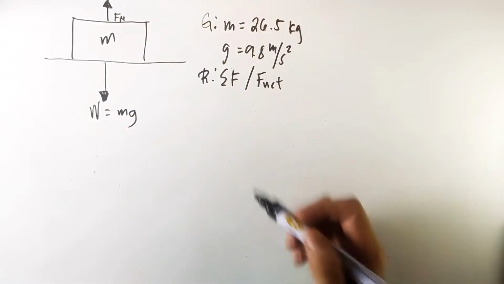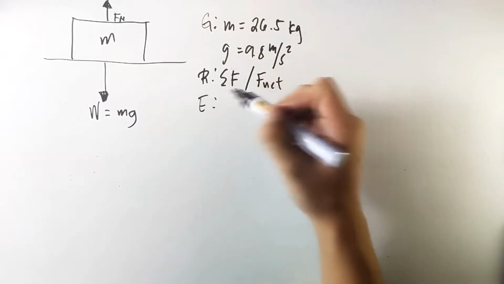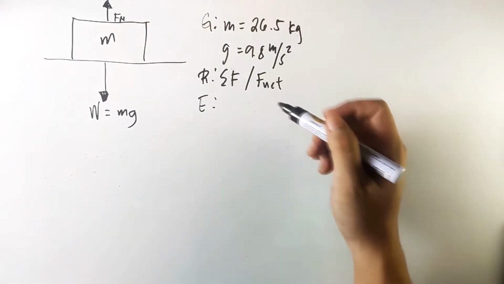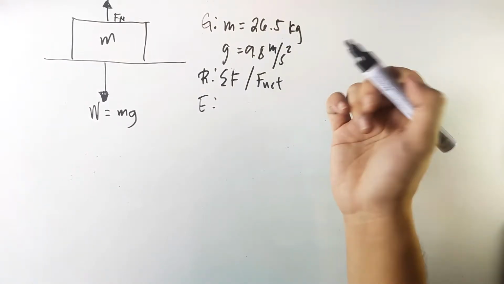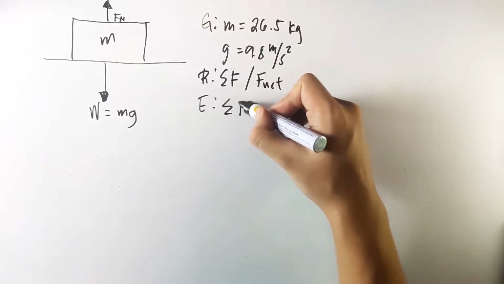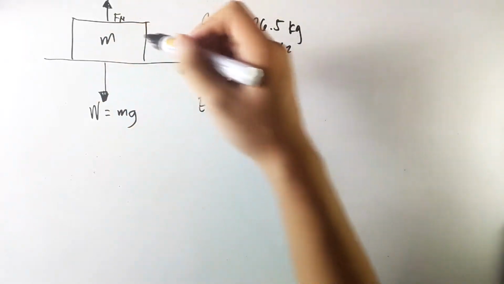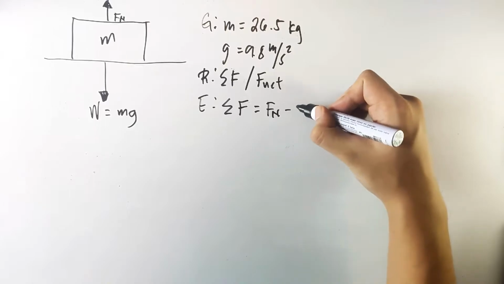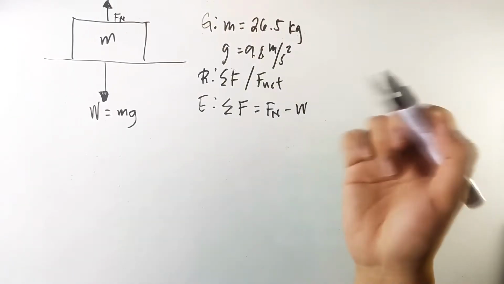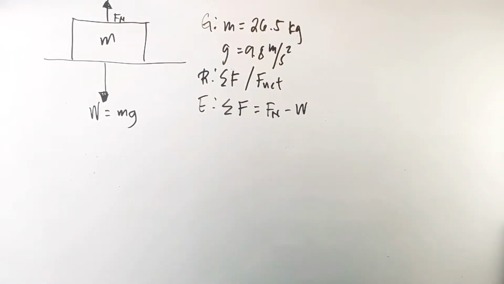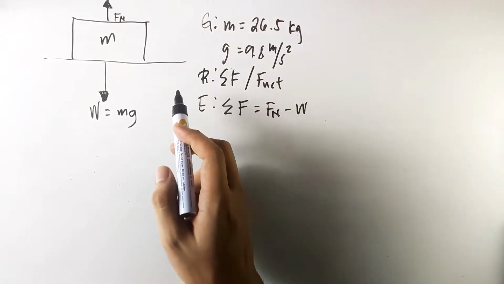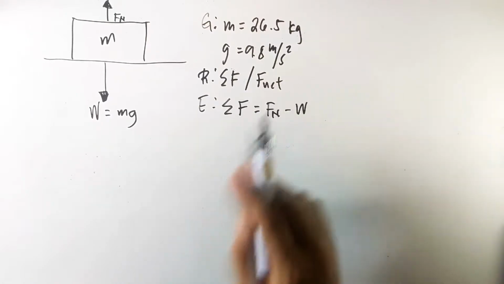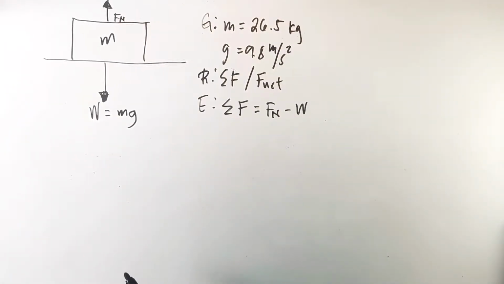Then our equation would be the summation of forces, which is the normal force minus the weight, or you can rewrite it the other way around. Because according to the problem it's resting, you can replace either of these two.